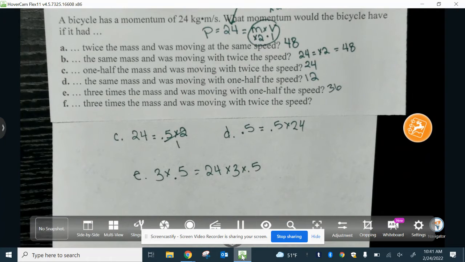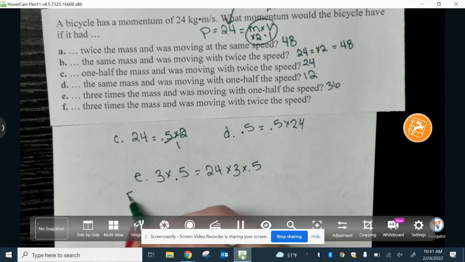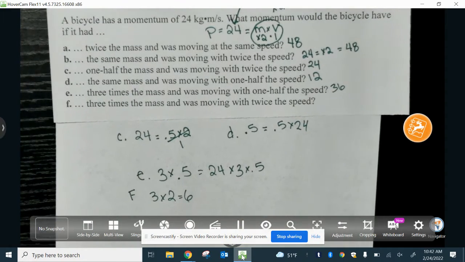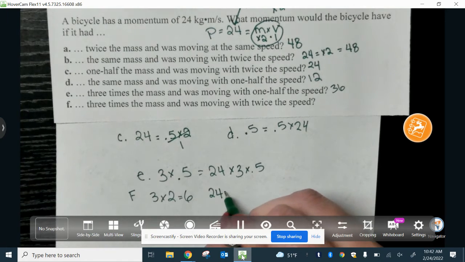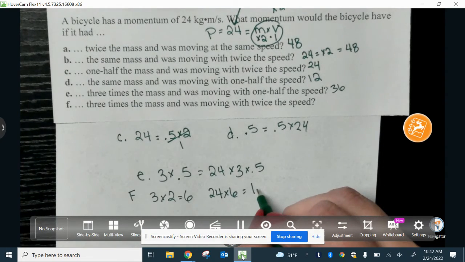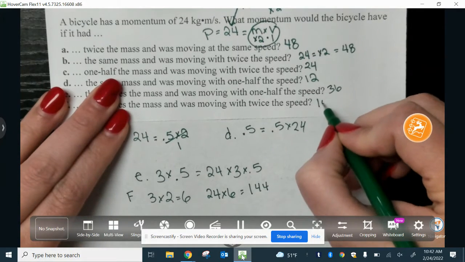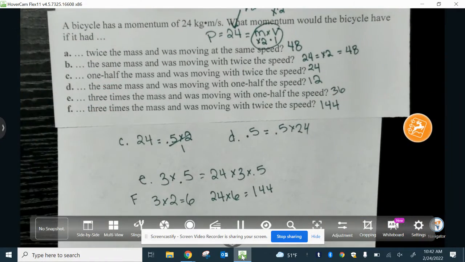So 36. And then F says 3 times the mass and twice the speed. That's going to be 3 times 2 is 6. So 24 times 6 should be 144. Okay, so a little bit of math involved, but this is more of a thought question than a math question. Any problems with this so far?